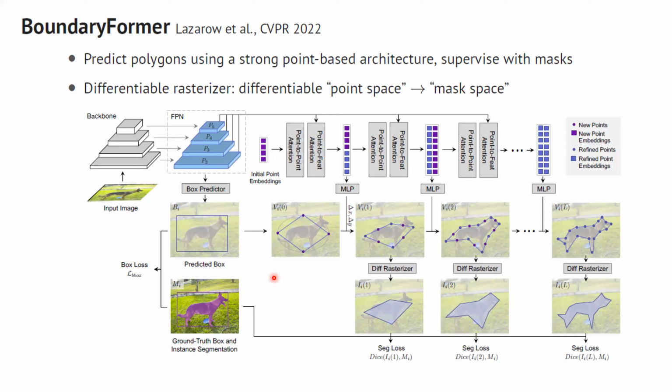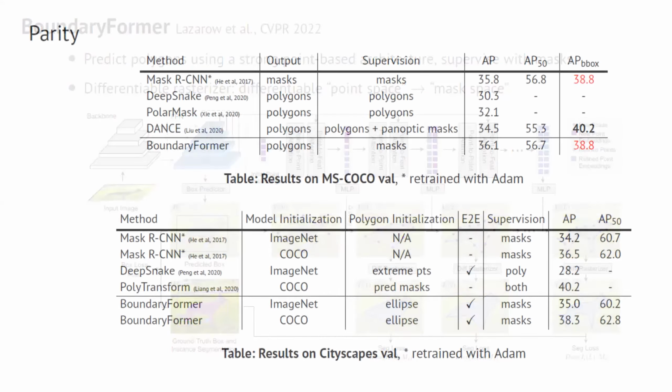So the algorithm in the end is very simple. We have standard mask supervision, just like in standard Mask R-CNN, but in the end, we obtain polygons directly without polygonal supervision.